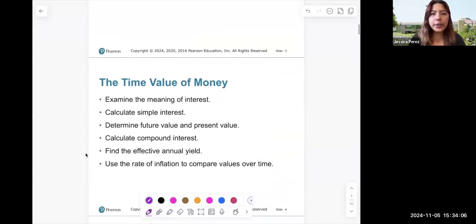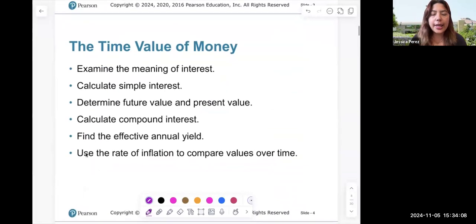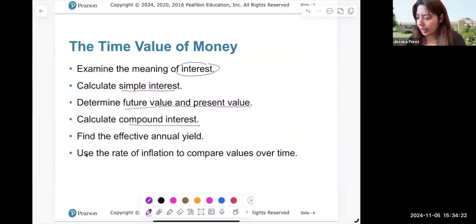So let's look at what we're going to be going over today. We are going to be examining the meaning of interest. We're going to talk about simple interest, and we're going to have a formula for that. We are also going to determine the future and present value. We're going to look at compound interest. We're going to find effective annual yield, and we're going to use the rate of inflation to compare the values over time.